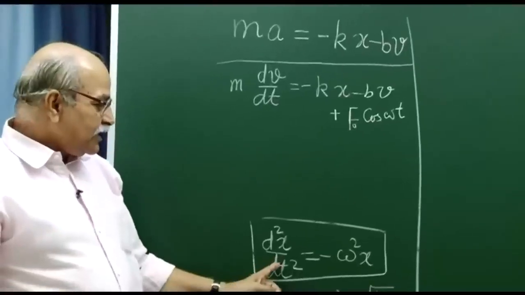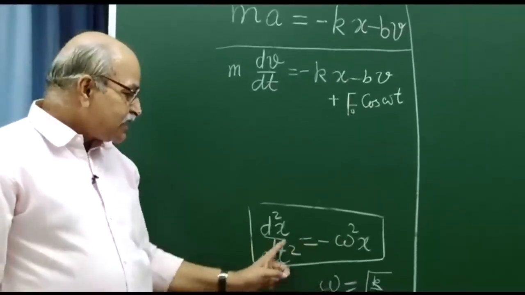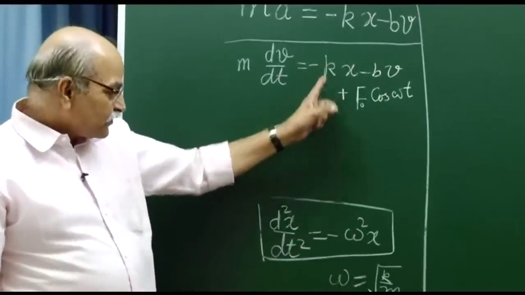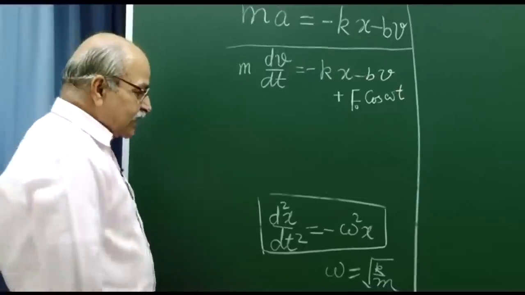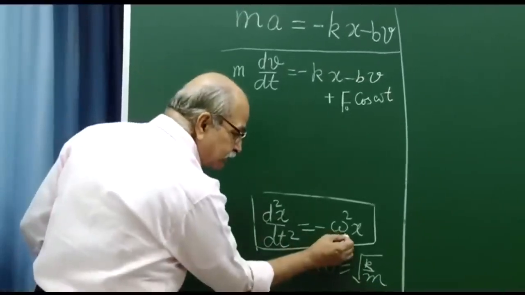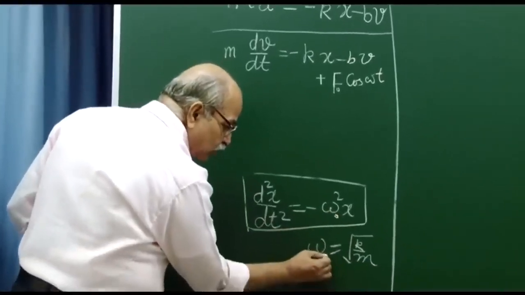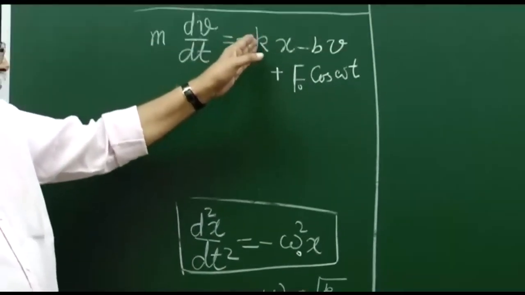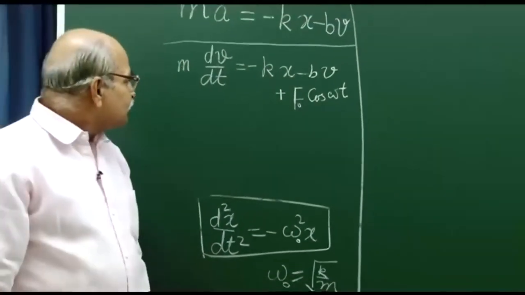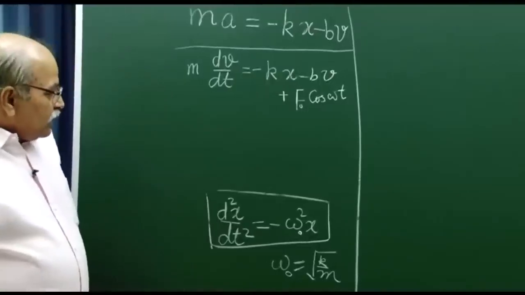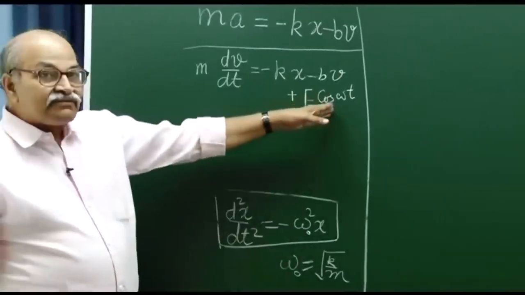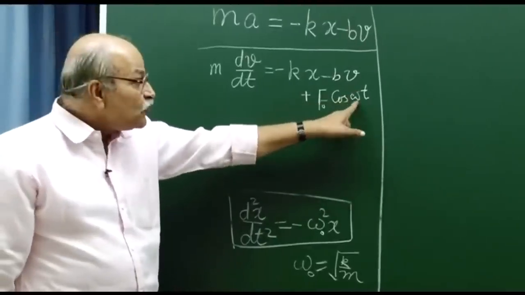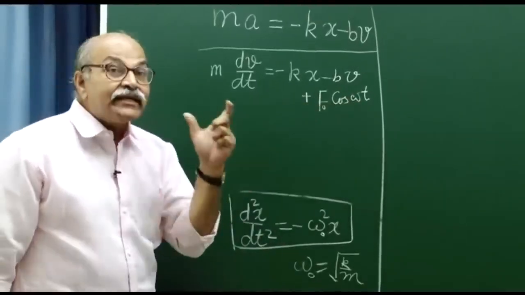This basic equation is there, and this omega corresponds to the restoring force. Let me write it omega naught. Your omega naught is square root k by m, this restoring force and this system's mass. Together with this you have another omega coming in, and this is the omega which I can control.